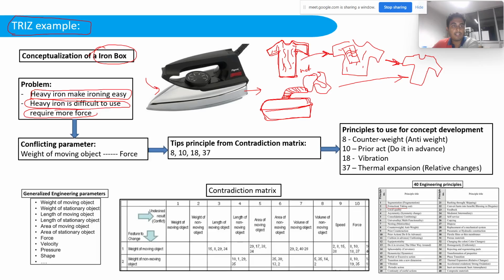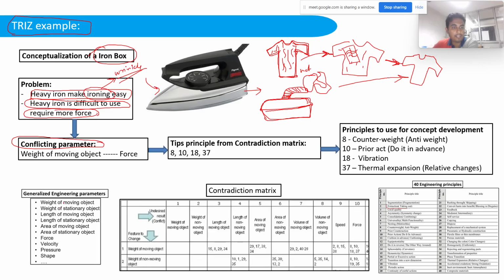Similarly, if you use a lightweight iron, ironing is difficult, and by ironing I don't mean ease of use. Here, ironing means you are trying to make the cloth wrinkle-free. Okay, so the conflicting parameters. The first thing you try to identify here is the conflicting parameter.